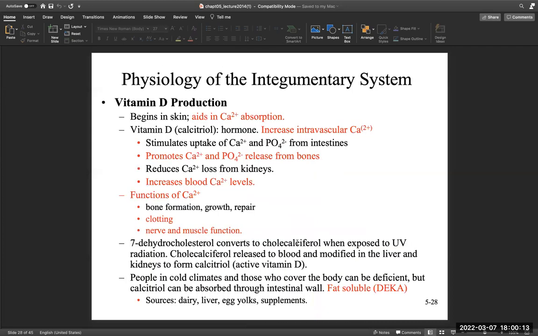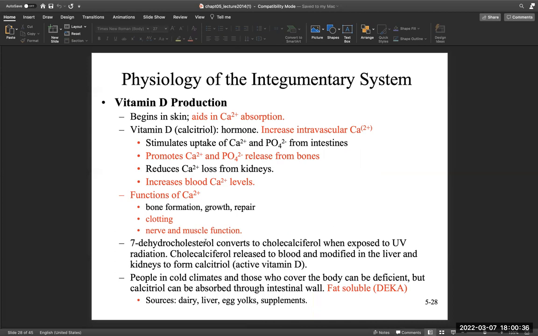The last one, well, there are a couple more, but the last one I want you to know in a little more detail is vitamin D production. Our body produces an inactive form of vitamin D. This inactive form is called 7-dehydrocholesterol. Again, there's cholesterol again, right?